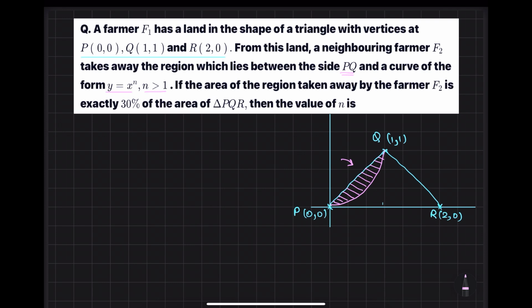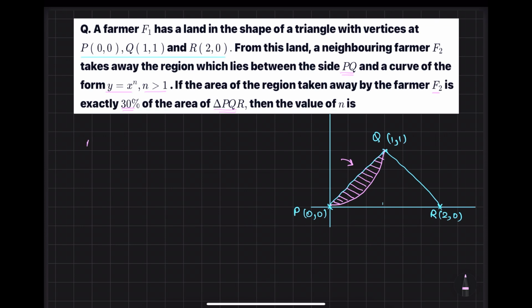Now, if the area of the region taken away by the farmer F2 is exactly 30% of the area of the triangle PQR, then find the value of n. Now try to understand how we will connect the dots.